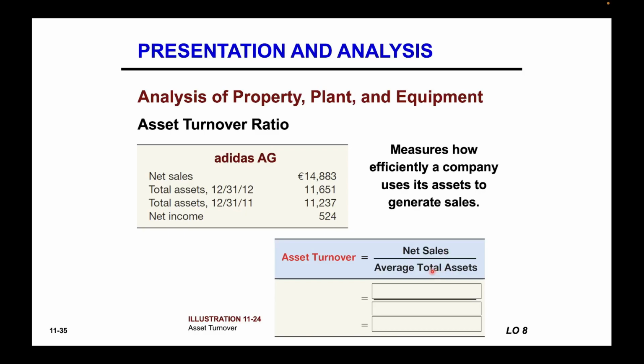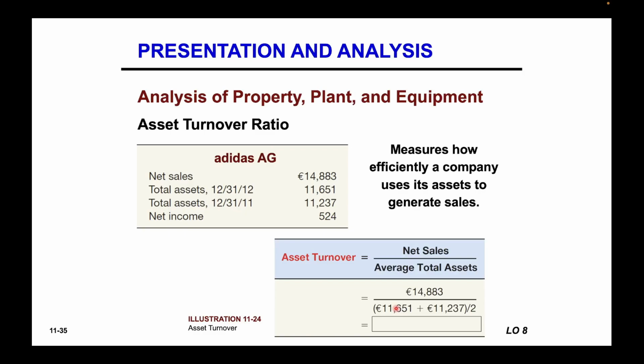First, we find the average total assets. We calculate the average total assets by adding up the beginning balance of the assets and the ending balance, divided by 2.